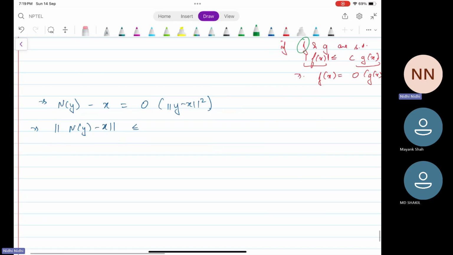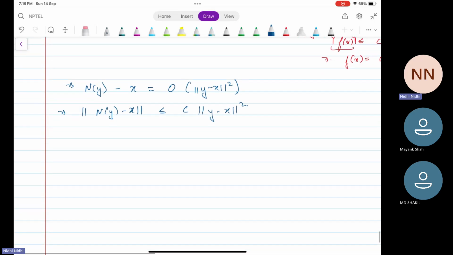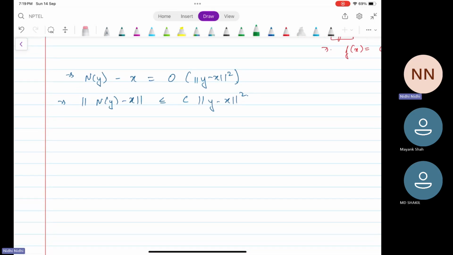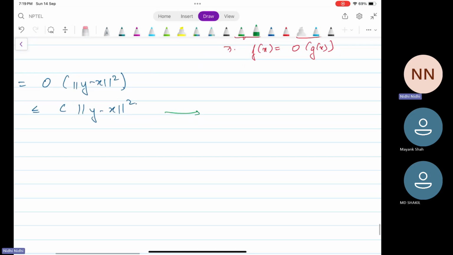Now this implies that this is less than or equal to some constant times norm y minus x square. Now this will help us to prove the convergence of the sequence. Let me mark this as point 2.